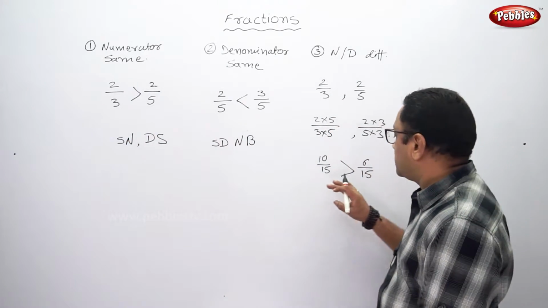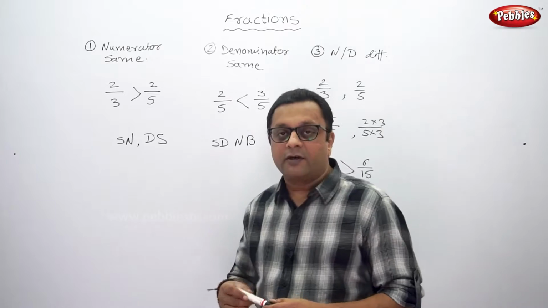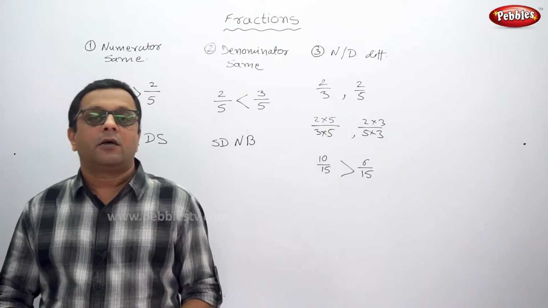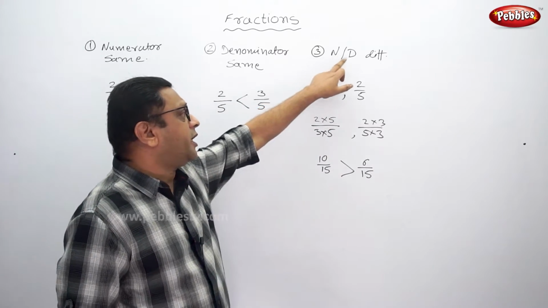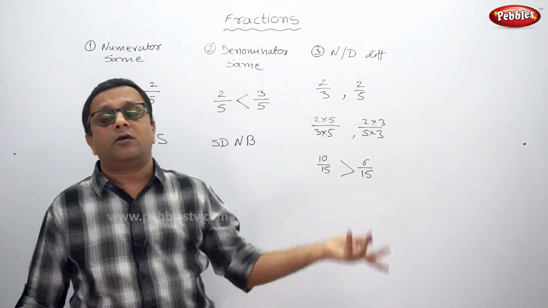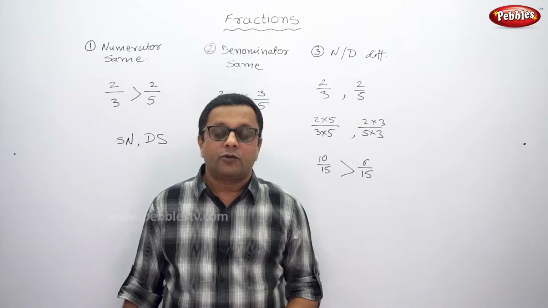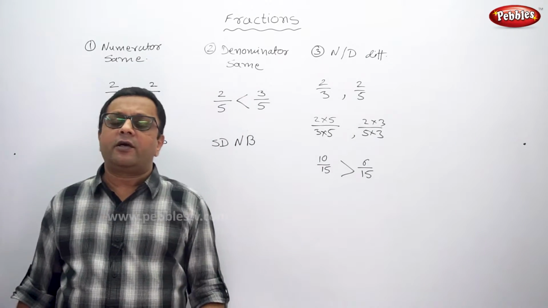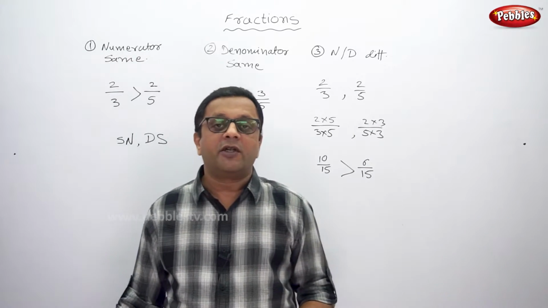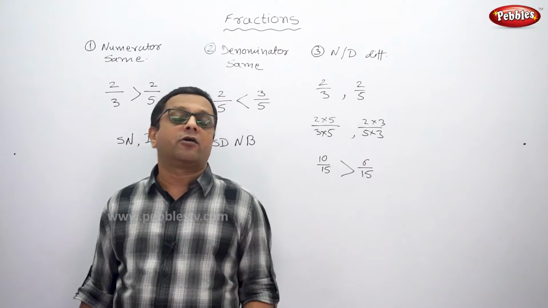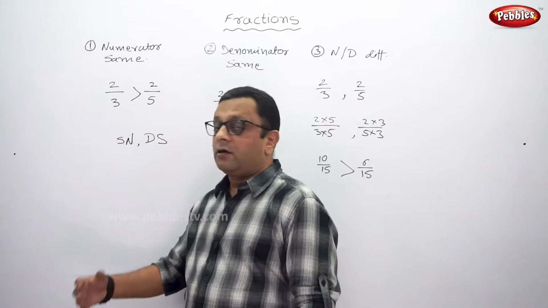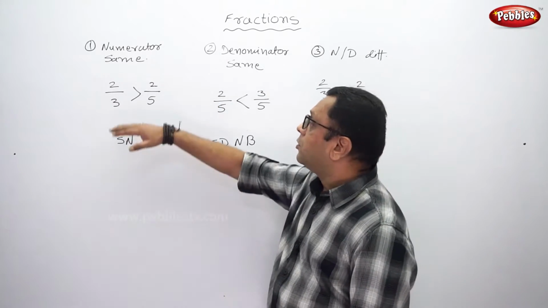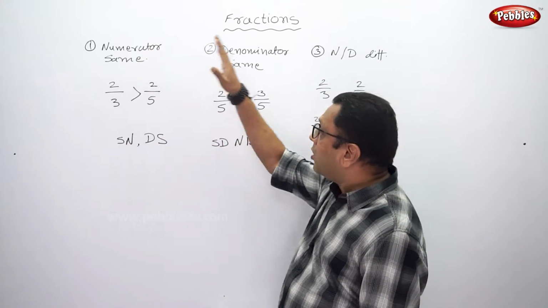So whenever you have unlike fractions, where the numerator and denominator are both not the same, either make the numerator common or make the denominator common. By doing this, you will convert that problem to either this problem or this problem.